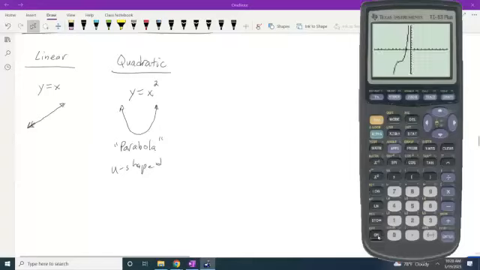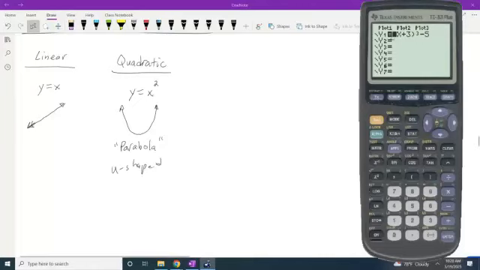First thing I'm going to do is turn this on, and I'm going to clear out my home screen. So whenever you hear me say home screen, that's this first screen once you turn your calculator on. That's the home screen. In order to graph, I'm going to hit the Y equals button.